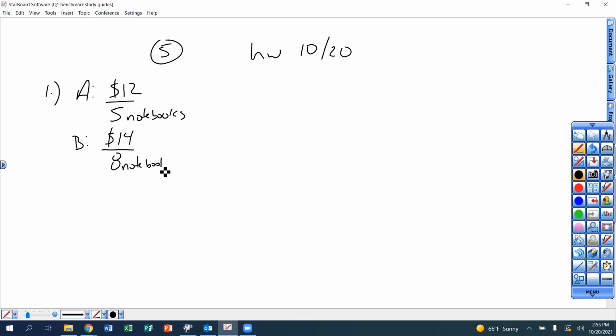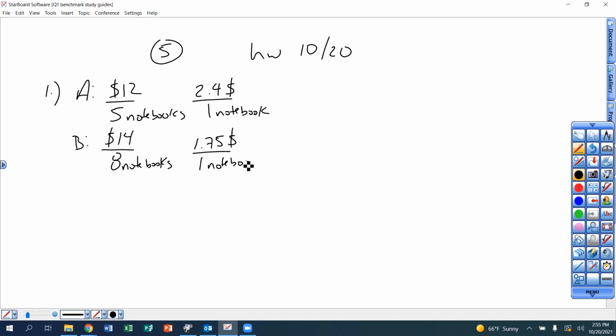What I need to do is divide the money by the other number. Remember, always money on top, money first. So 12 divided by 5, this gives me $2.40 for 1 notebook. If I divide the next one, 14 by 8, that gives me $1.75 for the same notebook.